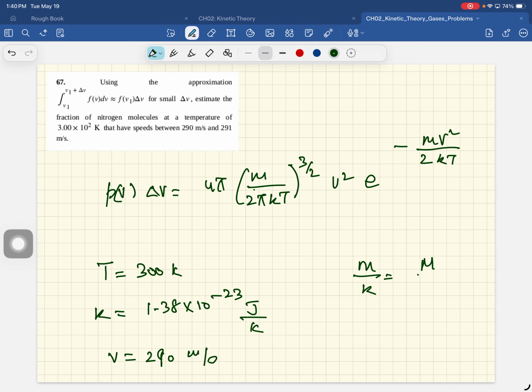You have to calculate the average molar mass. It's 78% nitrogen, so 0.78 times 28, and 21% oxygen, 32, plus 1% argon. Argon is 40 grams per mole. So you have to calculate that mean value.